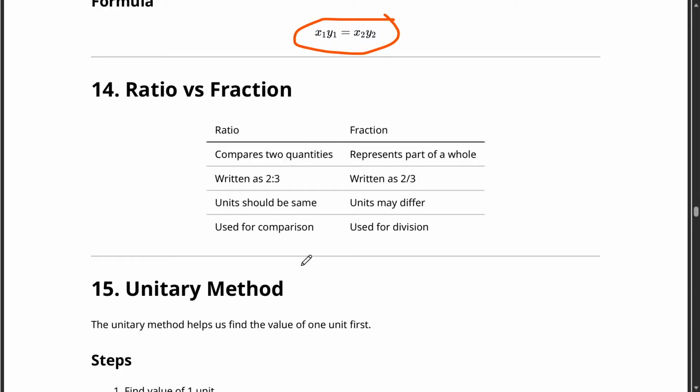Ratio versus fraction. Now we'll see the difference between ratio and fraction. Ratio compares two quantities, and fraction represents part of a whole. Ratio is written 2 is to 3, and fraction is written as 2 by 3.